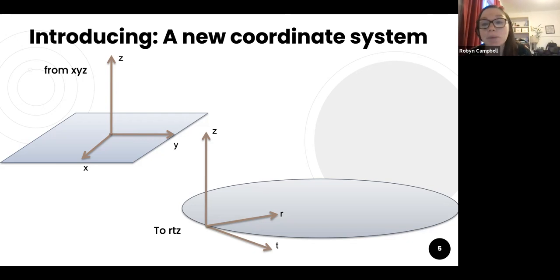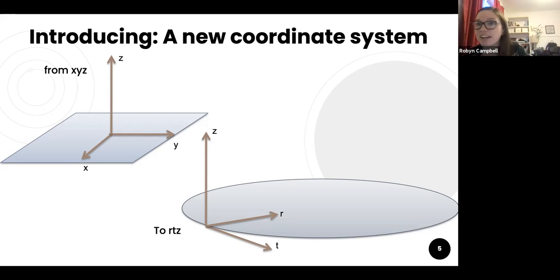So when something is moving around a circle, it is moving in both the x and y direction simultaneously. It's a curve, so calculating the acceleration in x and y separately would be really difficult. To make our lives easier, we define a new coordinate system, because remember, with coordinate systems, we do what we want.